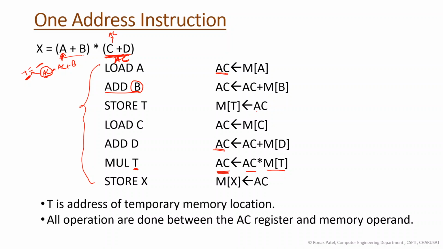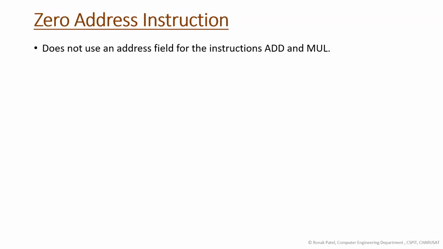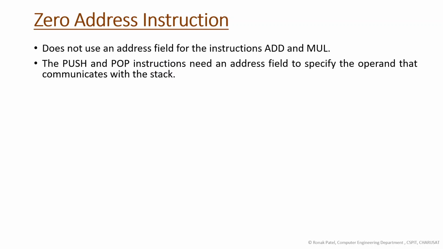Now next is zero address instruction. This zero address instruction does not use an address field for the instructions add and multiplication. But yes, the push and pop instructions need an address field to specify the operand that is communicated with the stack.